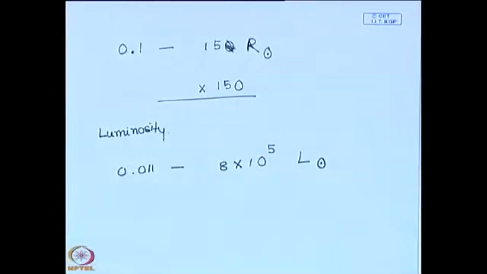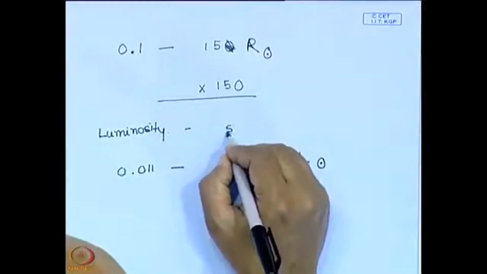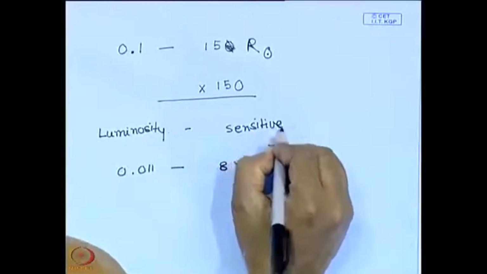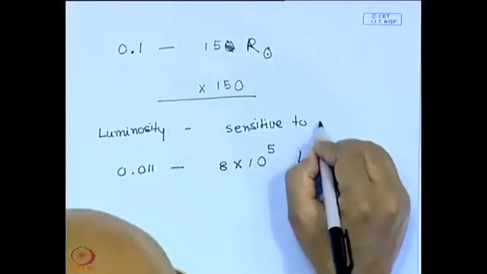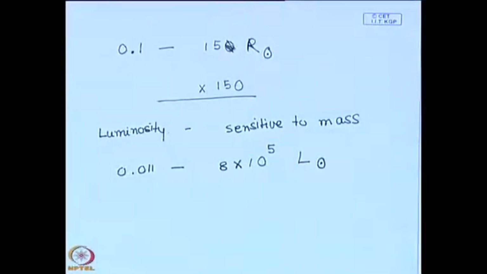So, the luminosity is extremely sensitive to the mass. You change the mass by a small amount, the luminosity goes up enormously.